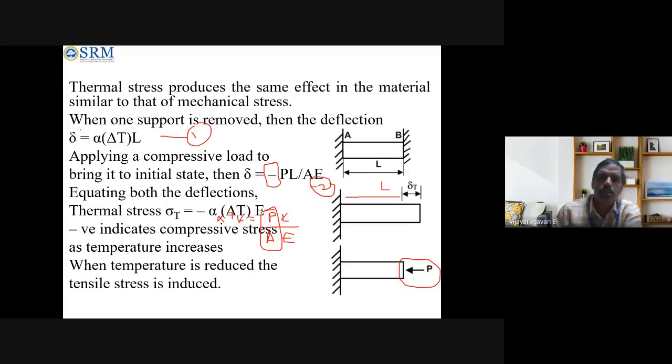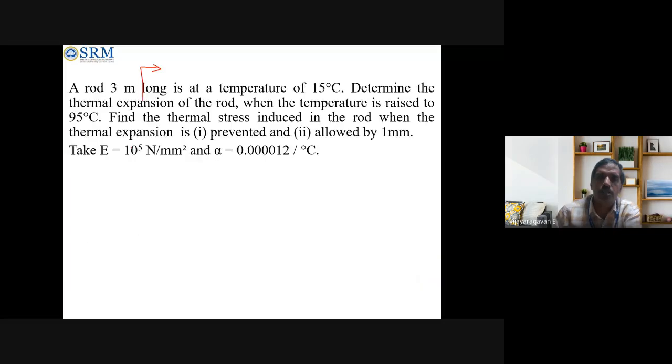Sir, we will use the same formula that we have derived. Thermal expansion is given by alpha TL.